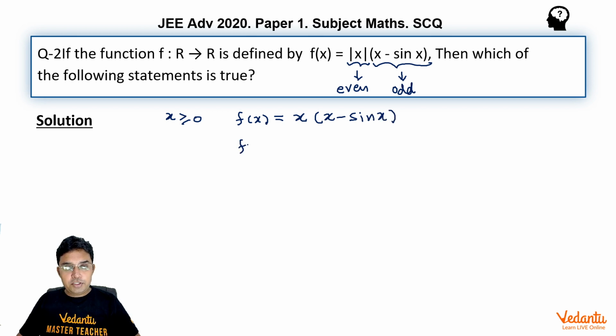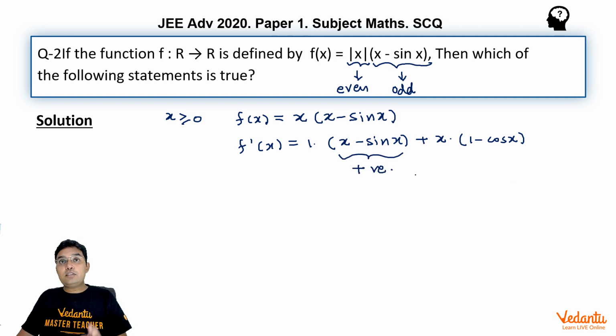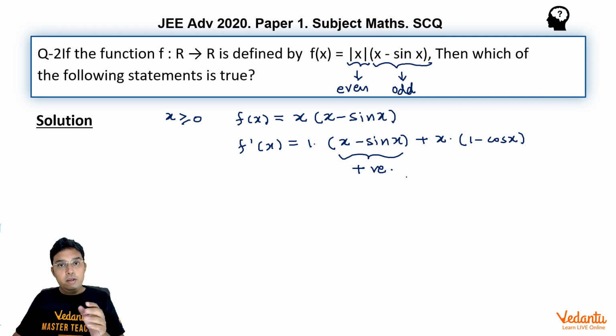Here if we differentiate it, we get 1 into (x - sin x) plus x into (1 - cos x). Now it is very easy to observe that both these things are positive. We know x - sin x is positive. We have done such things in application of derivatives.